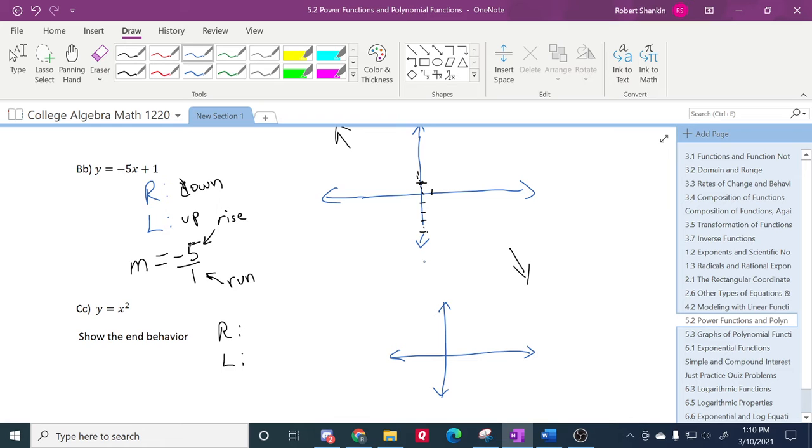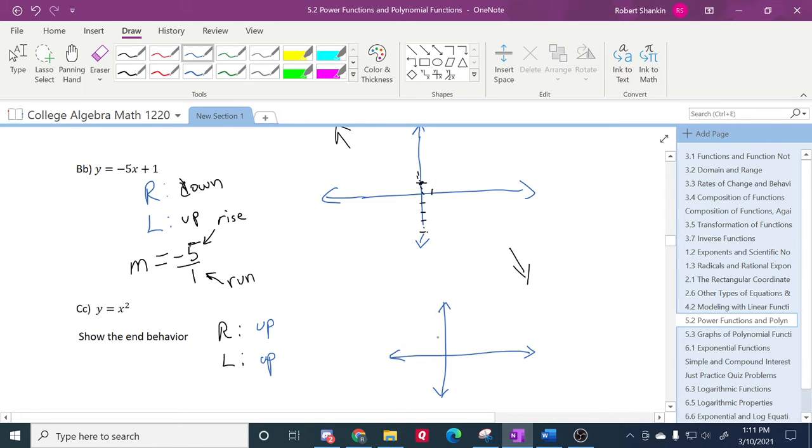And group 1, what do you have for the end behavior of this? We got, let's see, I think it's L up and R up. So they both go up. They're both going up? Okay, and who am I talking to? Chrissy. Chrissy from group 1, great.